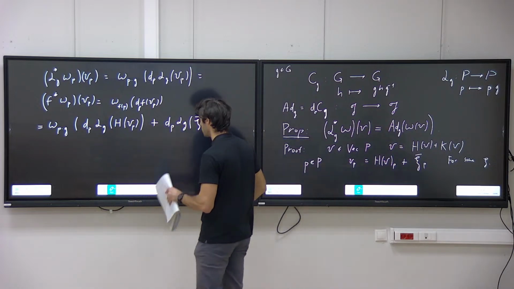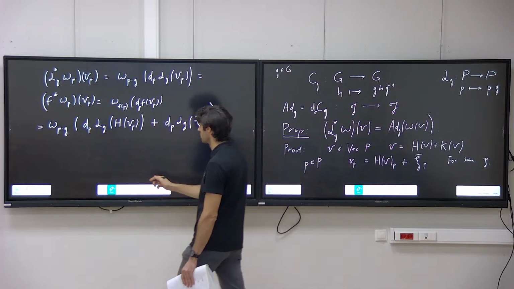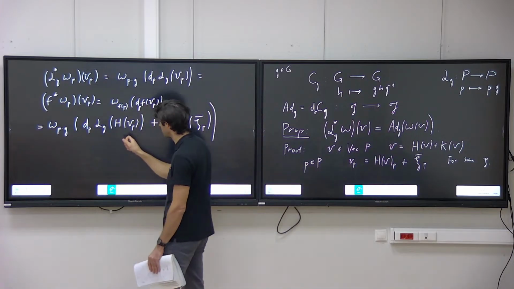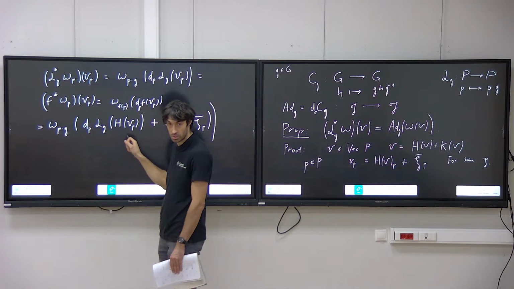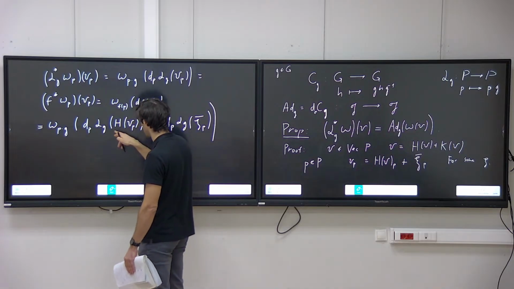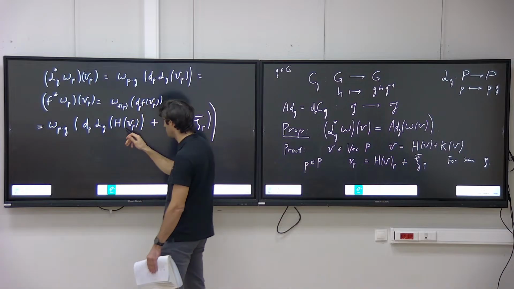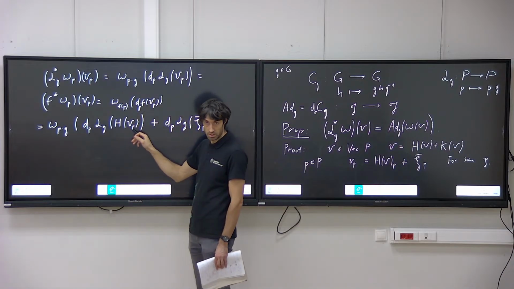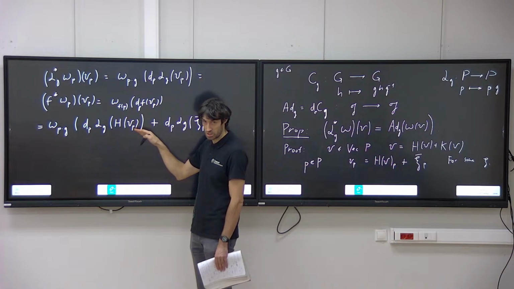And then I need to do this. So now I'm using the fact that my connection is principal. Because this guy belongs to HP of P, to the horizontal direction, right?